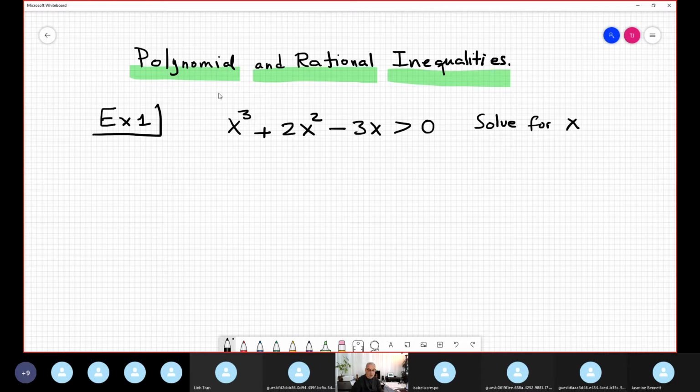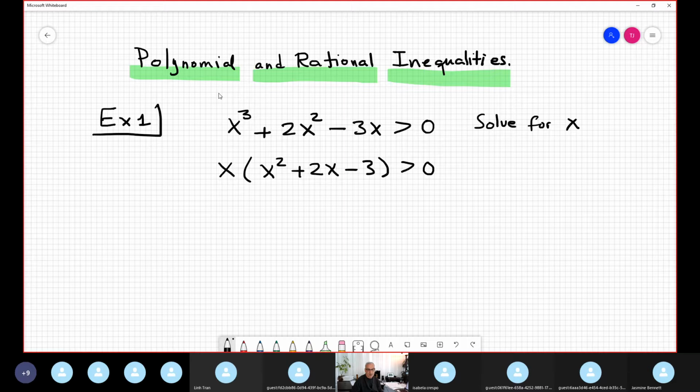Okay, guys, entonces I start. Always is the procedure is the same. I want to introduce little by little complication, but this is a straightforward example. Now, the only thing you should do is factorization the polynomial and the left-hand side. And the greatest common factor is x. So we have x squared plus 2x minus 3 greater than 0.